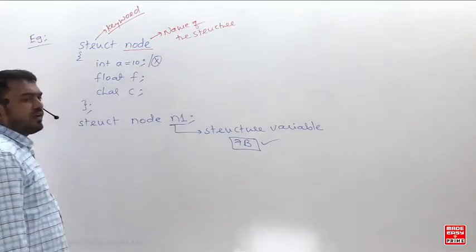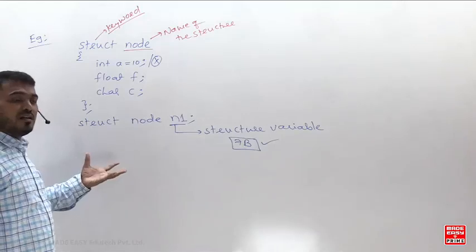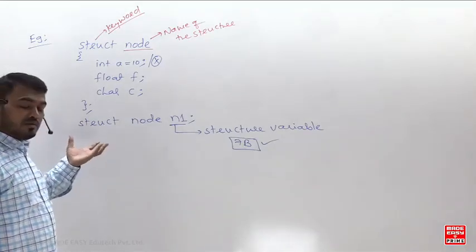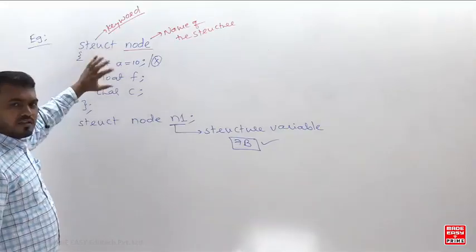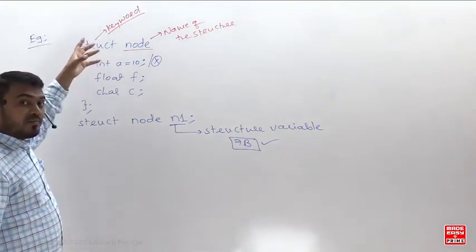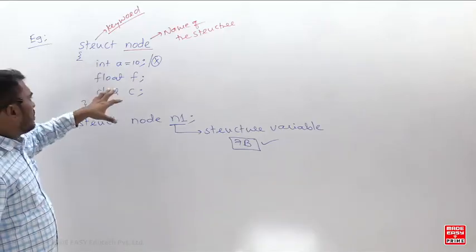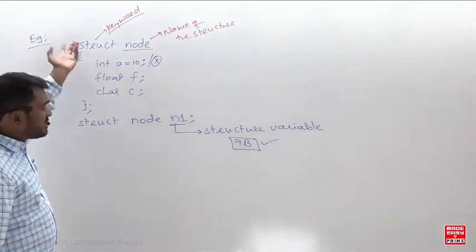Why? Because you are creating a structure, a user defined data type. You are creating the data type. So integer a equal to 10 here is not allowed.